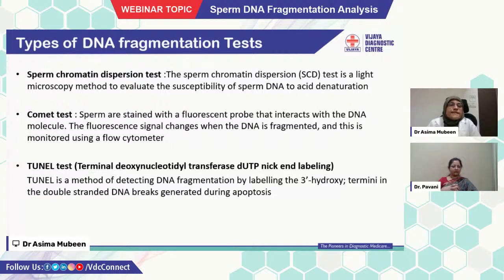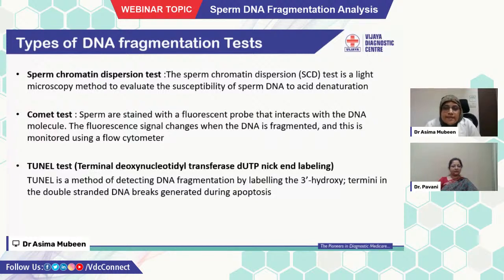Then coming to the TUNEL test, this test detects DNA fragmentation by labeling the breakdown DNA fragments by probes, with the help of an enzyme, as we all know, deoxynucleotidyl transferase.